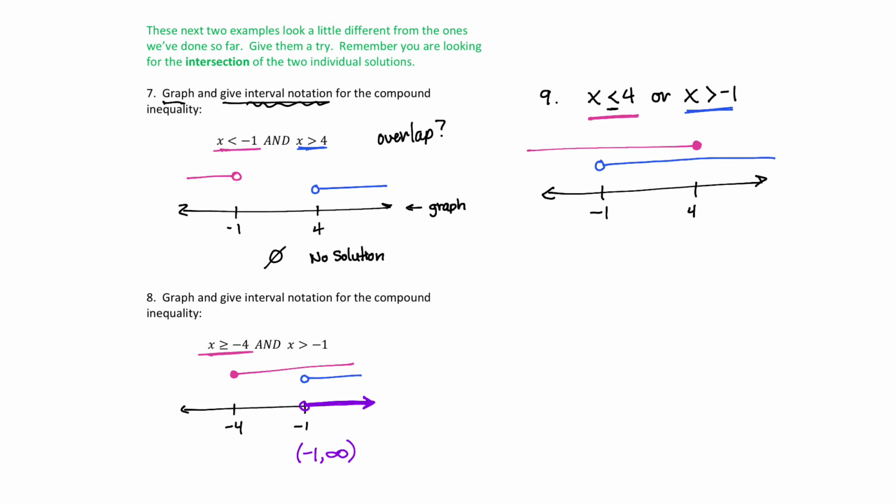Okay, this one, however, is an or statement. Okay, I want everything in both. Okay, because I want everything in both, I'm going to drop that pink one down on top of the blue one. And can you see that the entire number line is going to be used? This is everything, not overlap.